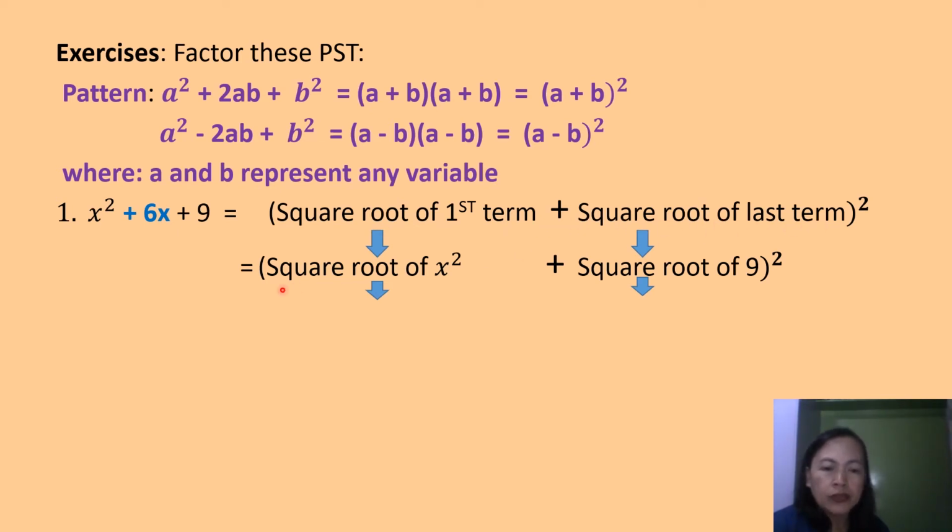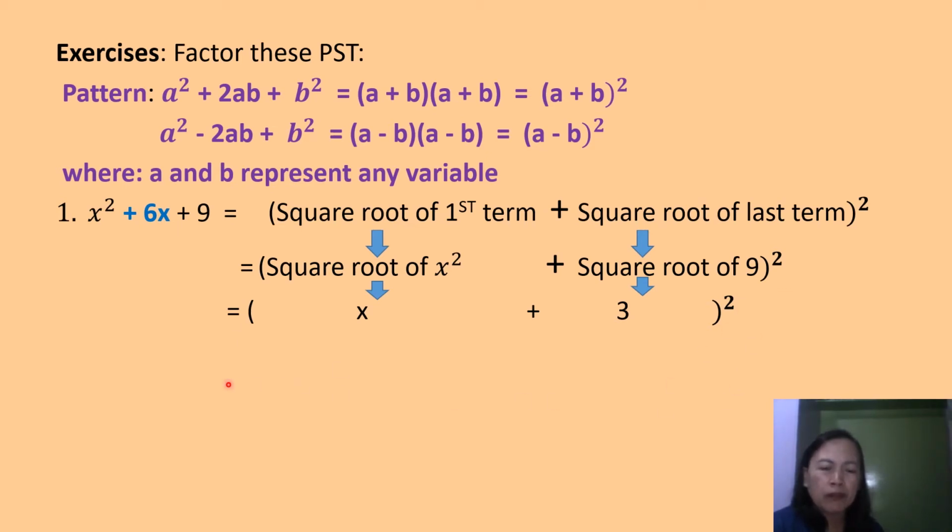Okay, the square root of x squared being the first term plus the square root of 9, which is the last term. And then we write our answer. Okay, you have the square root of x squared is x, the square root of 9 is 3. And then we have there the quantity sign squared.